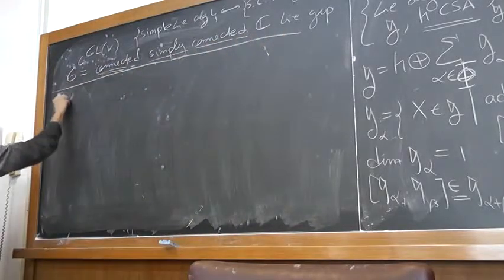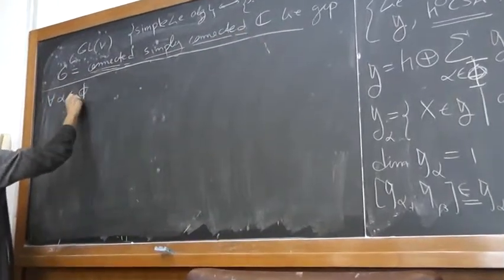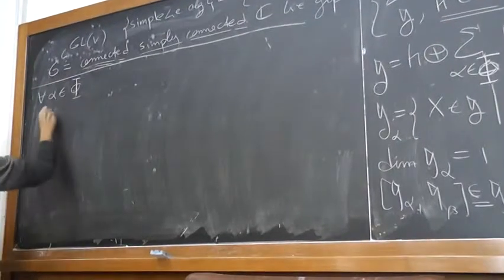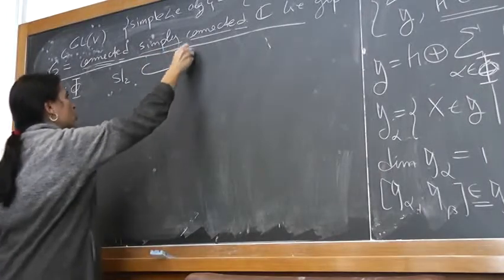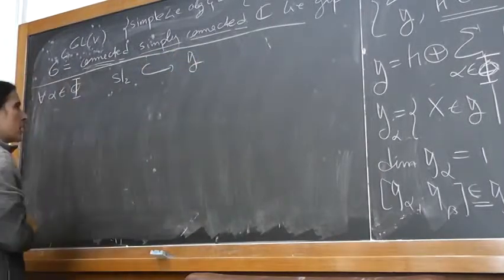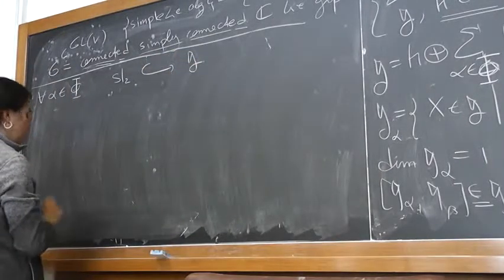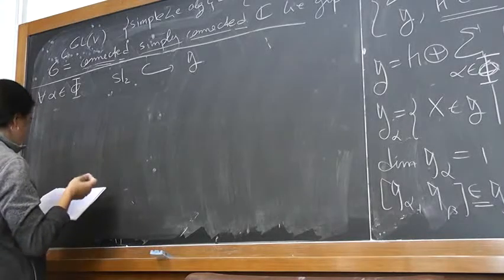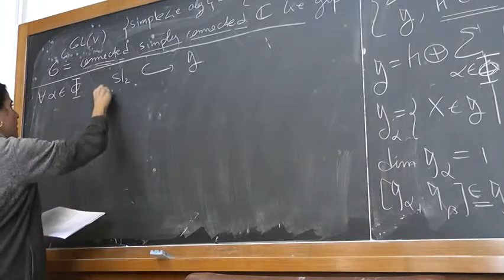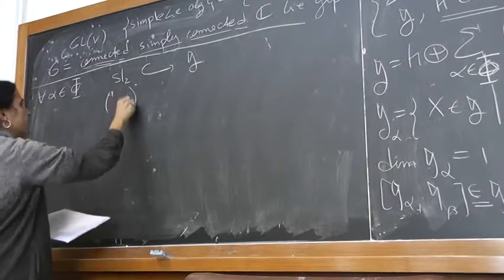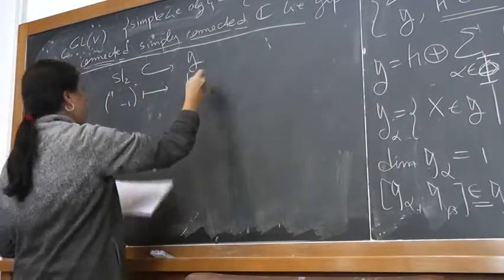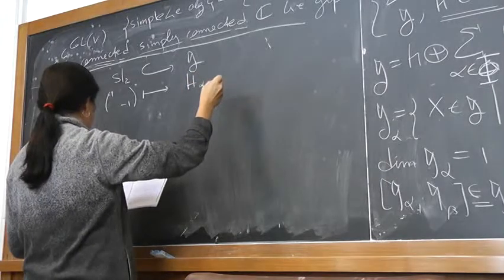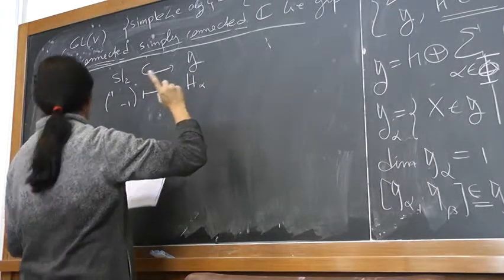For each alpha in our root system, we know there is an SL2 embedded into G, and what is it? He writes explicitly, okay, he says, great, the 1, minus 1 is going to what I call H alpha, which he calls, no, he makes a special choice.